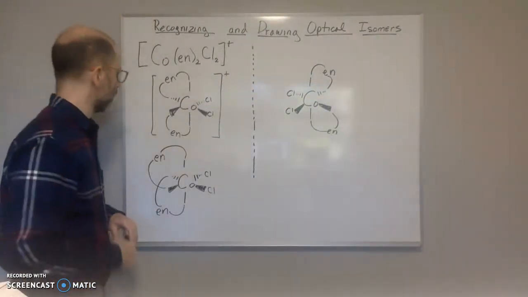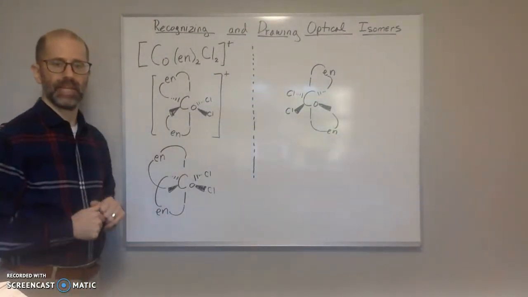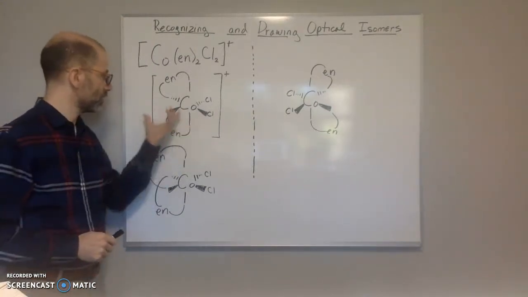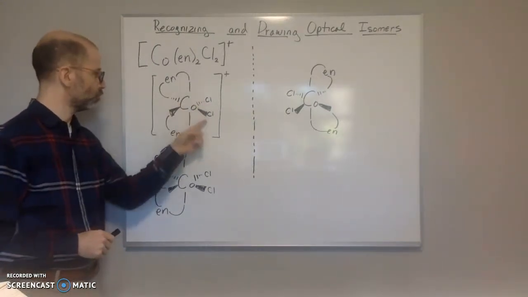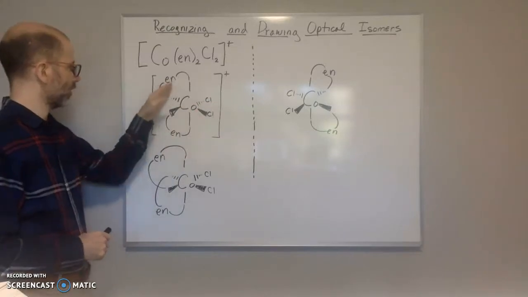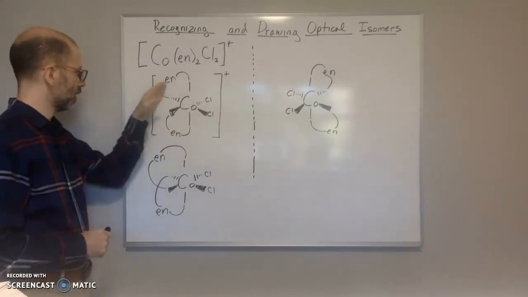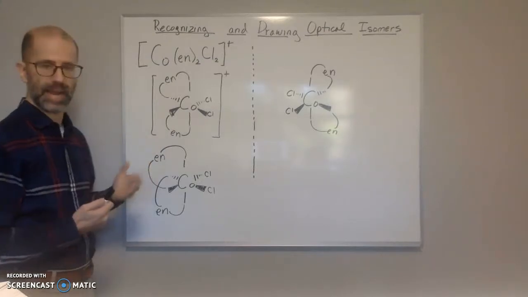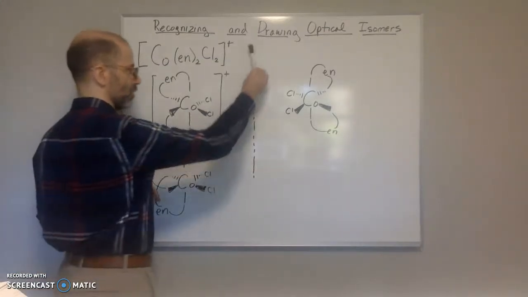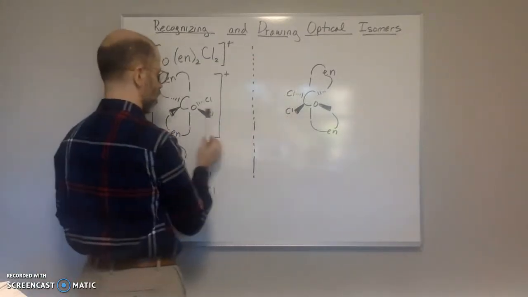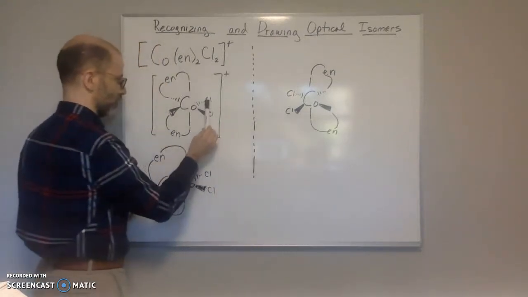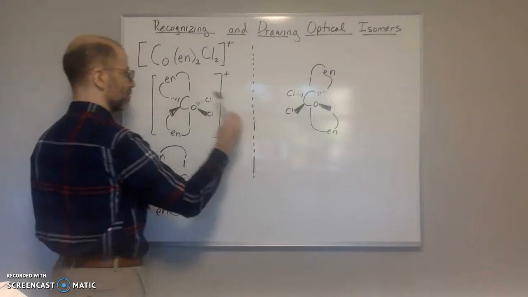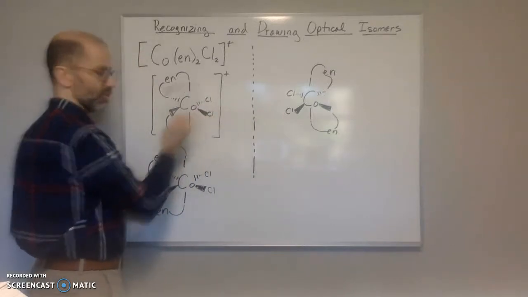Okay, and so here I have the cis isomer. With the cis isomer, we have the two chlorines on one side and the two ethylene diamines on the same side. So we do the exact same thing. We draw the mirror image. Here's our mirror, and we draw the mirror image. And so you can see the two chlorines on this side are closest on this side. And we have the top part. This is really important to see.